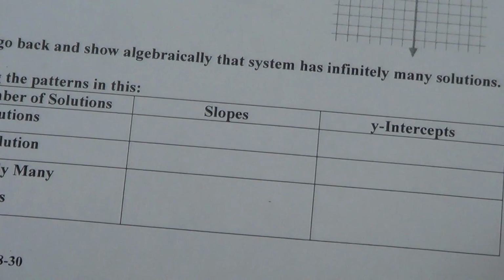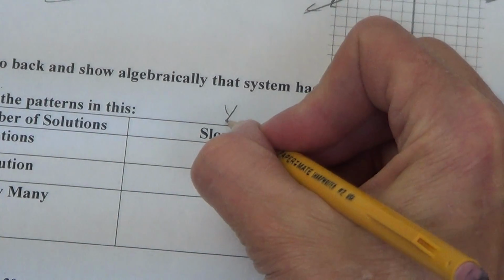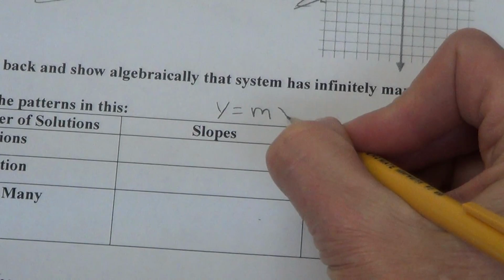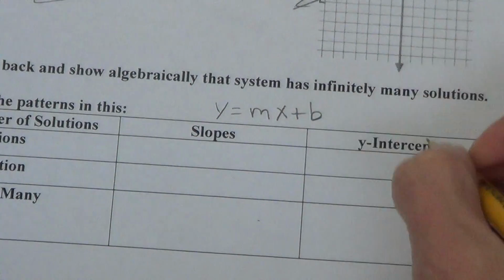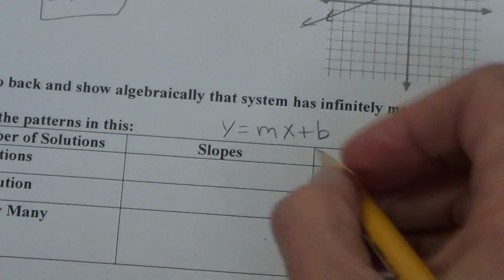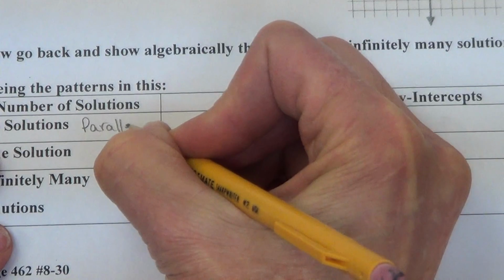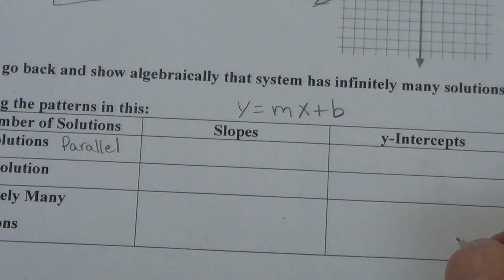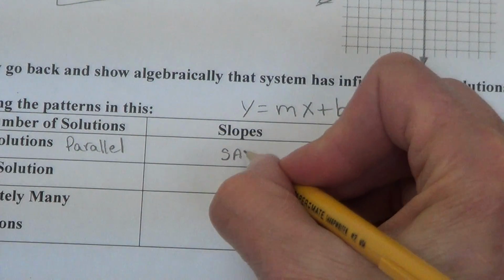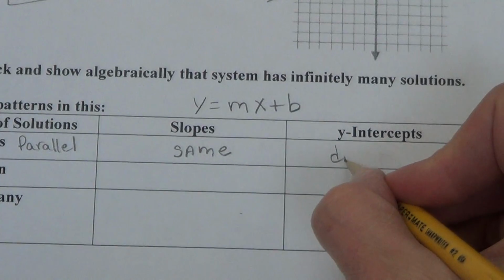So now we just want to mention a couple things here. Seeing the patterns in this, if we look at how we graph these, y equals mx plus b. No solutions, remember, those are parallel. Their slopes are the same. But their y-intercepts have to be different.